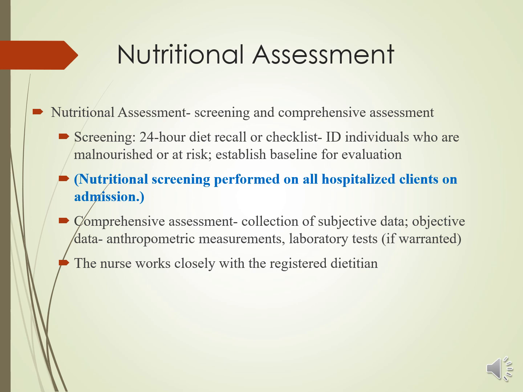So if there is an issue, we're going to get a referral to the dietitian and make sure you document what type of diet your patient has been experiencing. So in a comprehensive nutritional assessment, you're going to collect all the subjective data, any objective data, their anthropometric measurements, their height and weight, things like that, especially if there are some abnormal findings there, and you will utilize that for your dietitian referral.